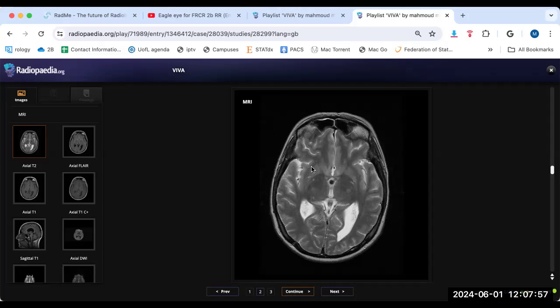So this is not an easy mistake. It is not a forgivable mistake. This is a fatal mistake. So this is a colloid cyst. Please, the emergencies are very, very important, very fatal. Please take care of these mistakes.